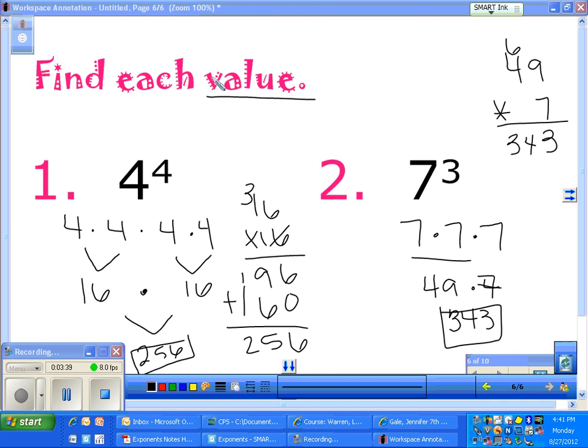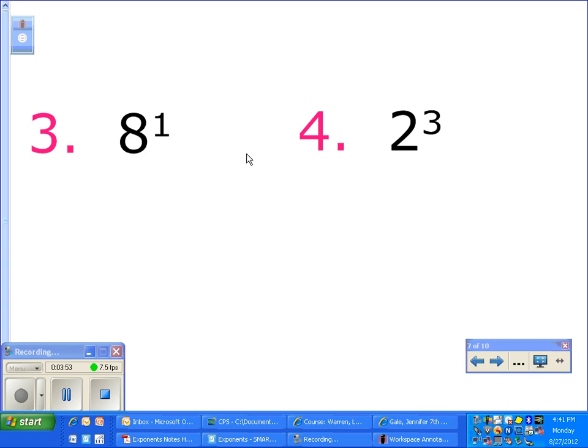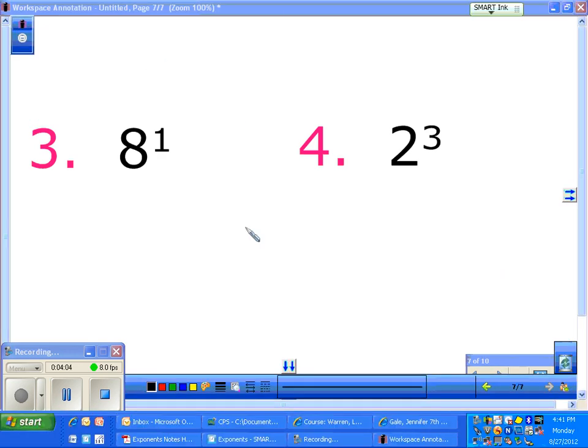Another way that you could find each value would be to find each product. We know that when we see the word product, that means to multiply. Now, do these two on, no. 8 to the 1st power, okay? So we know that the number here, 8, is the base number.